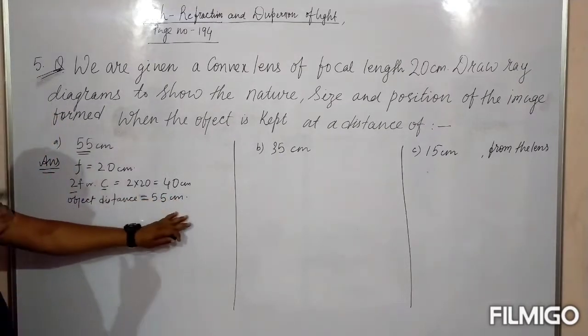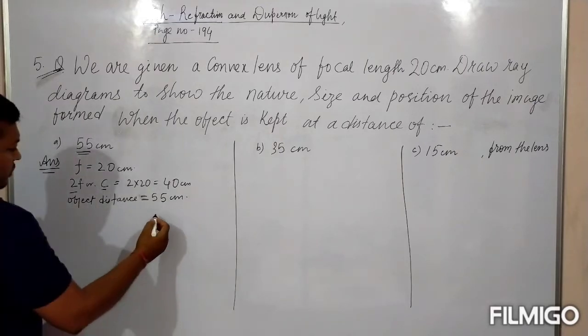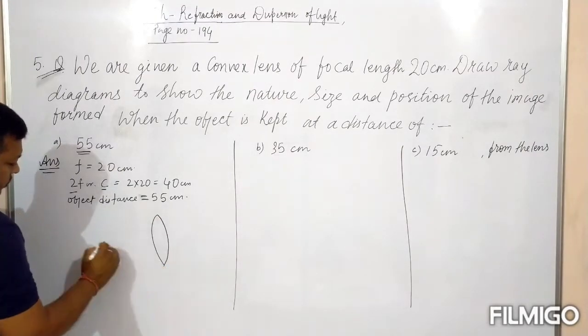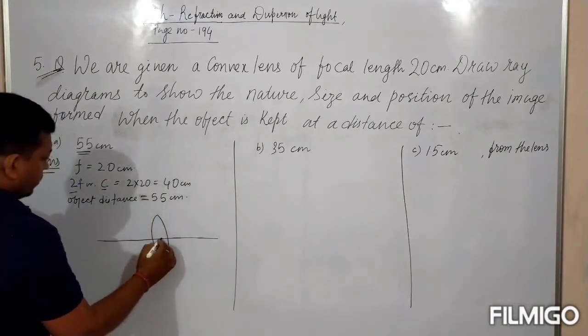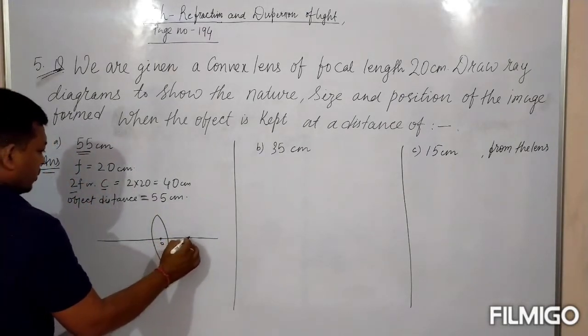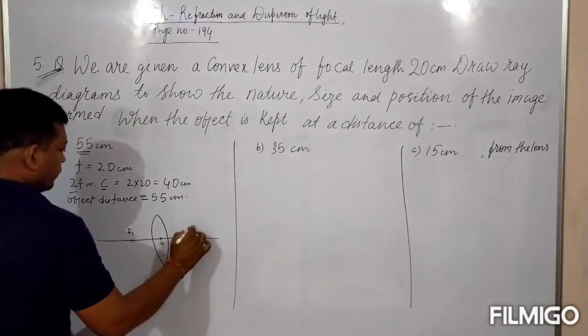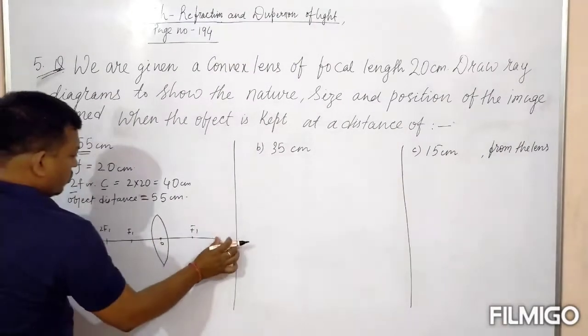Now it is clear that the object is placed beyond the center of curvature. This is the lens, this is the principal axis, this is the optical center, F1, F2, 2F1 or 2F2.